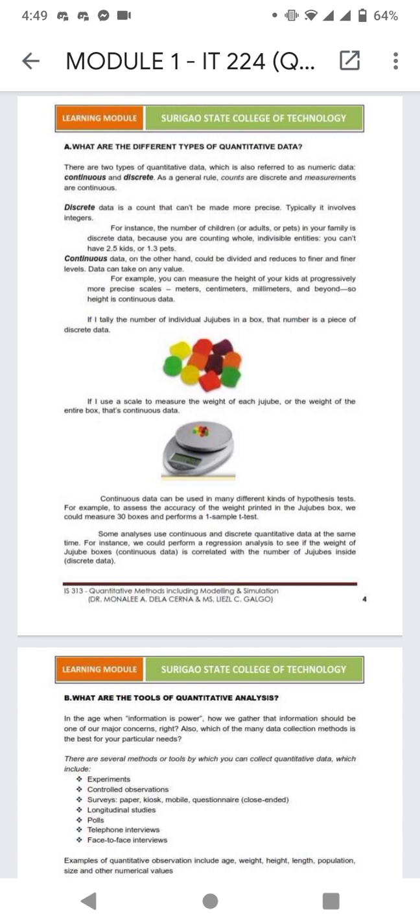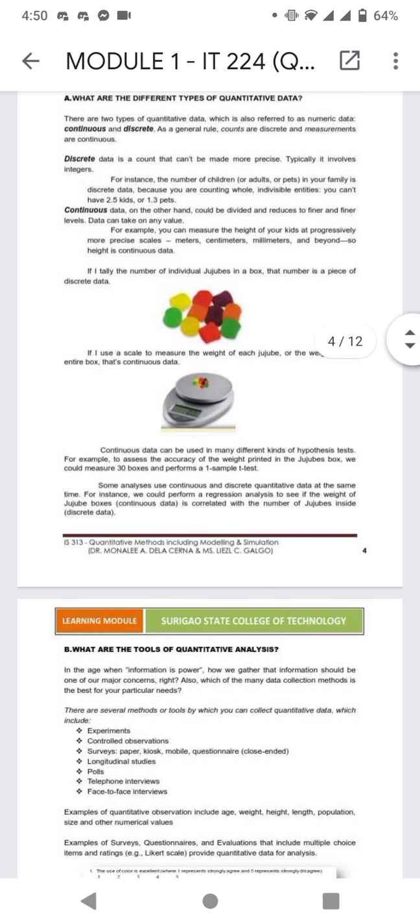It could always be divided and reduced to finer levels, and data can take on any value, meaning it can be measured using a decimal point, and you could always see how precise the measure of a certain object is.